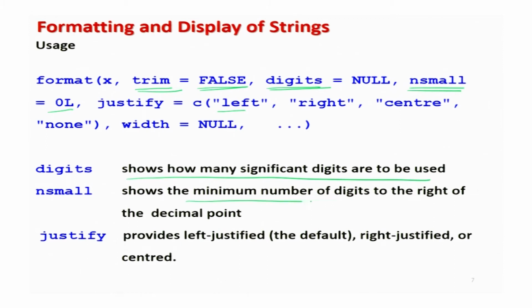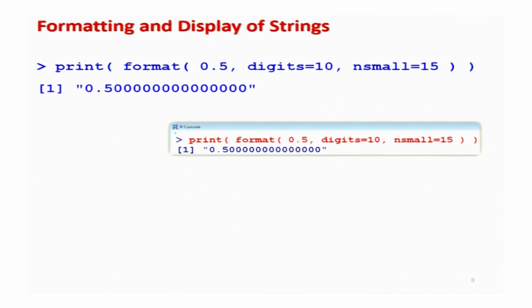This shows the minimum number of digits to the right of the decimal point. Then you have justify, if you want to justify on the left hand side, right hand side, center, or none, which is the default. Similarly you have width, etc. So there are many options available.